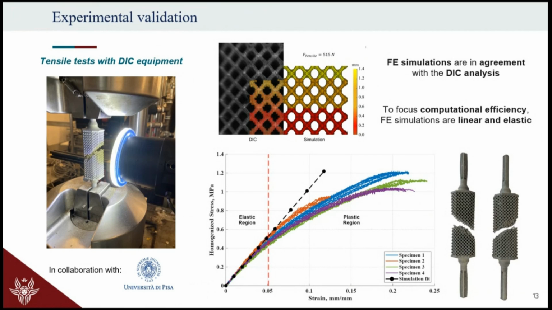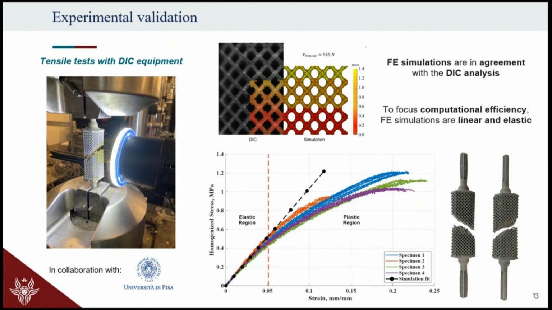We find that there is not, as long as we are in the elastic region, but if we go into the plastic region, the model falls apart because it's not considering this part of the behavior. Also, we tested specimens, and all of them failed in the central part, which is great. So we don't have failure nearby the junction between the solid material and the porous one.